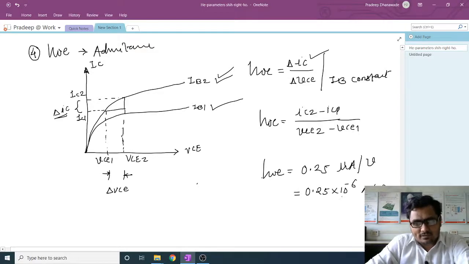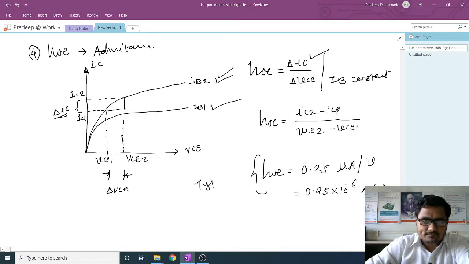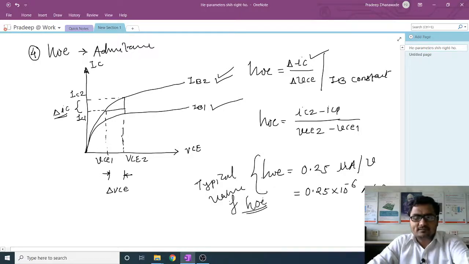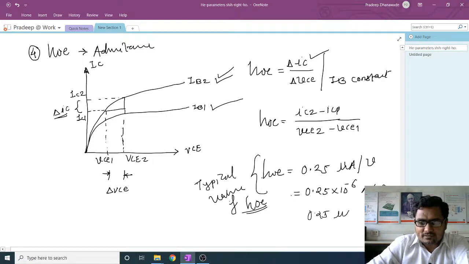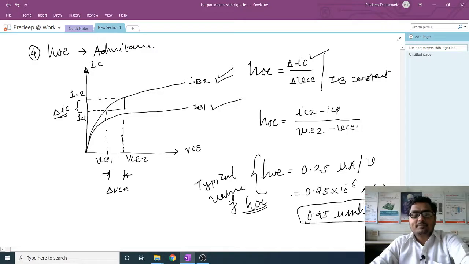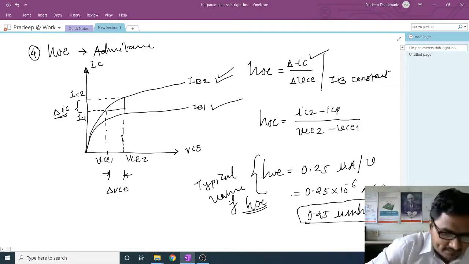So instead I am writing microampere per volt, and this is a typical value of HOE. The typical value is 0.25 microampere per volt, or you can write the unit as 0.25 micro MHO. MHO is an alternate name given for ampere per volt, or admittance.